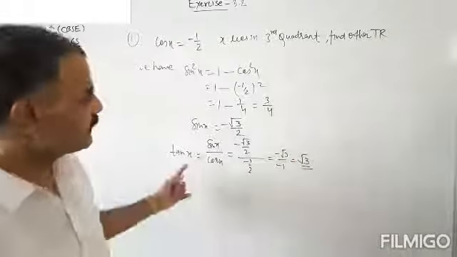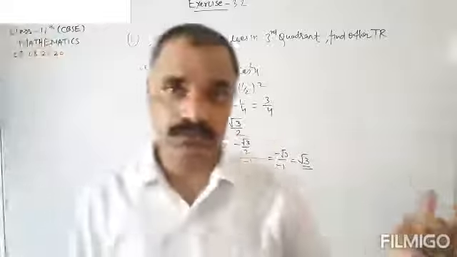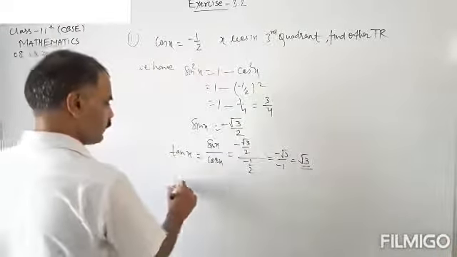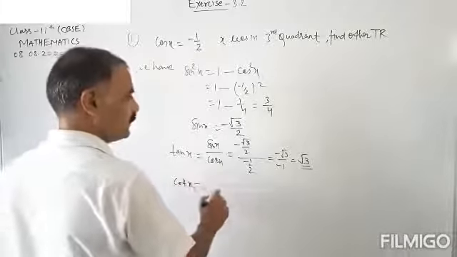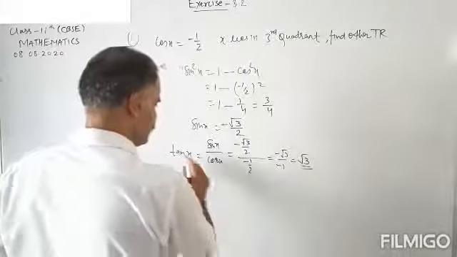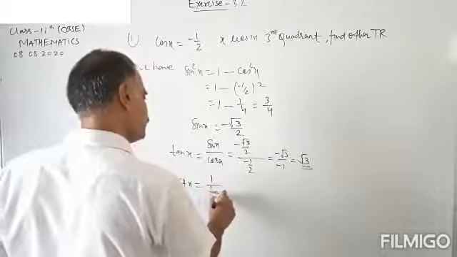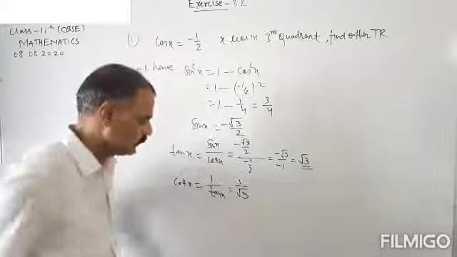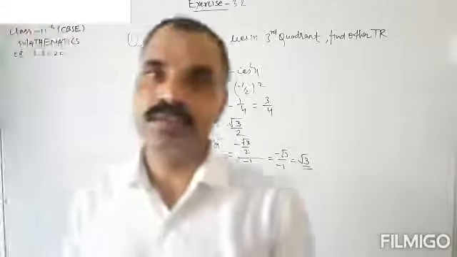Tan x in the third quadrant is positive. Now cot x, we know that cot x is the reciprocal of tan x. So cot x equals 1 by under root 3.